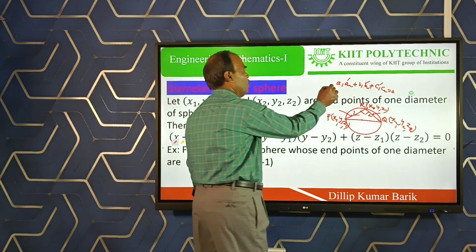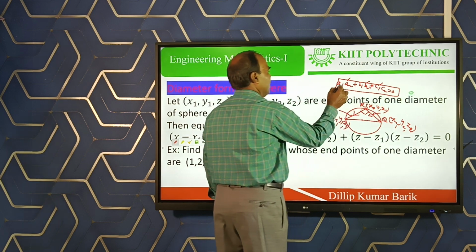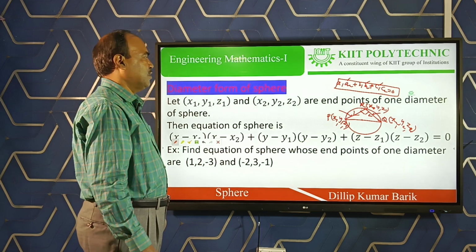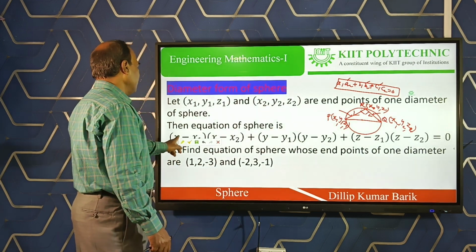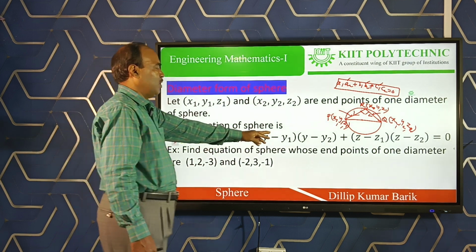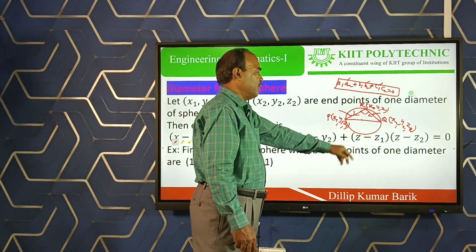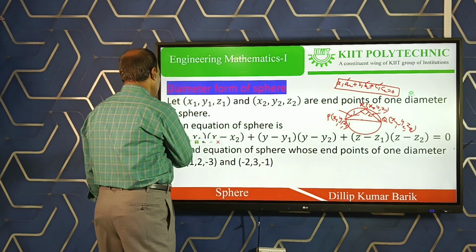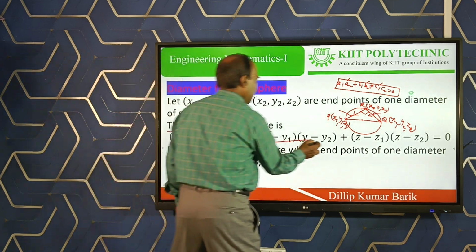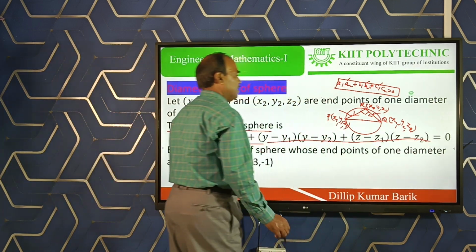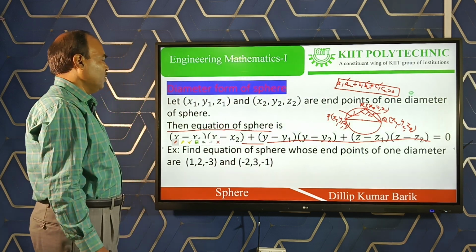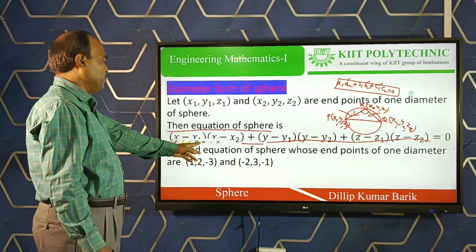Using the formula that when two lines are perpendicular, the sum of the products of their corresponding direction ratios is equal to 0, we finally get (x minus x1)(x minus x2) plus (y minus y1)(y minus y2) plus (z minus z1)(z minus z2) equal to 0, which is the equation of a sphere in diameter form, that is, when the end points of the diameter are given. This is the usual formula to find the sphere equation with the end points of a diameter.